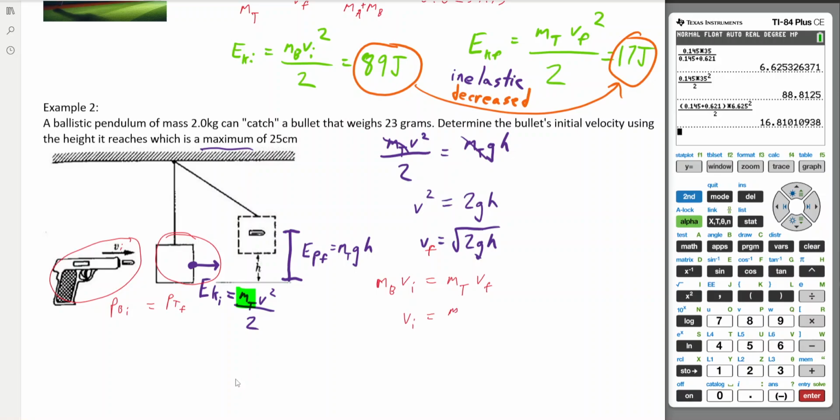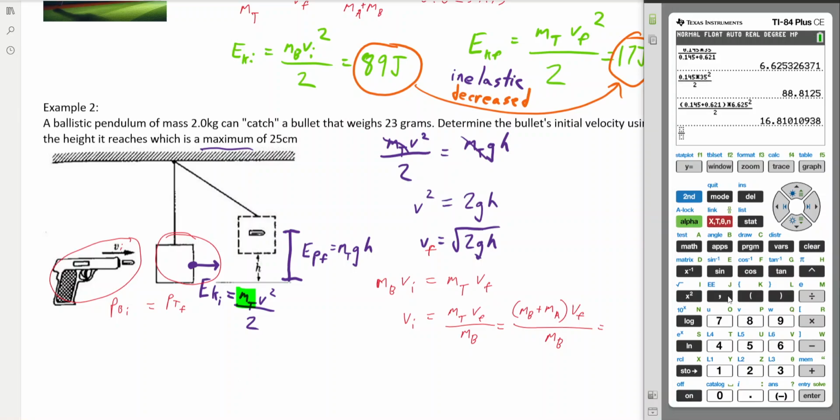So now we have mT vf over mb. Or we could write this again as mb plus m pendulum, I'll just call it a, vf over mb. So let's go ahead and calculate this and see what we get as our final answer.